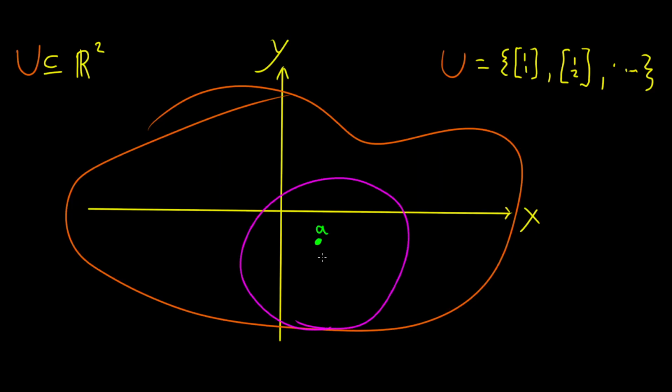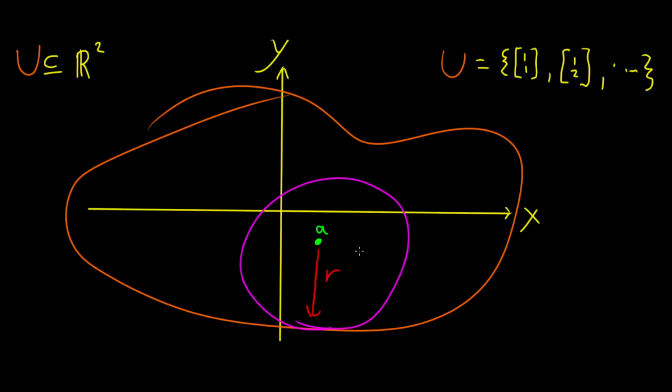Now what I want, this will be our radius R. Notice how it's just brushing up against the edge of our subset U. This is important.